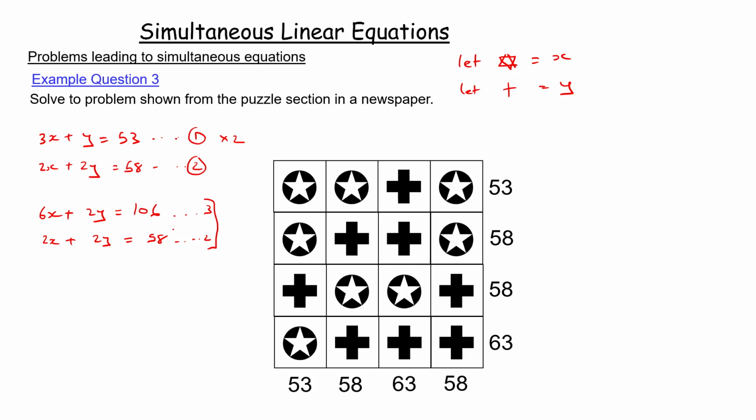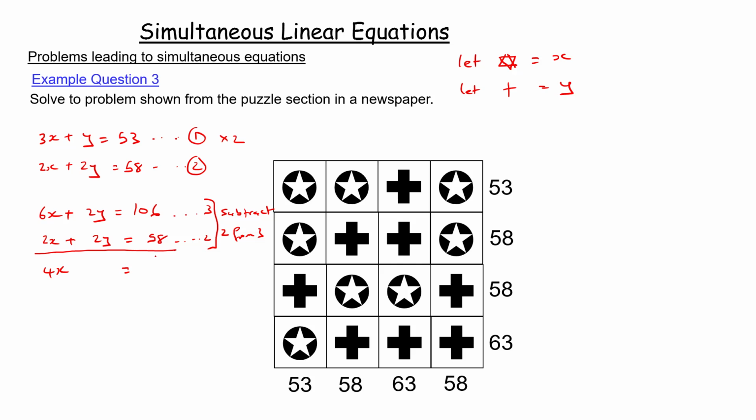So, in order to get rid of y, am I going to add or subtract? Correct. Subtract equation 2 from equation 3. So, let's do that then. 6x minus 2x is 4x. 2y minus 2y is nothing.